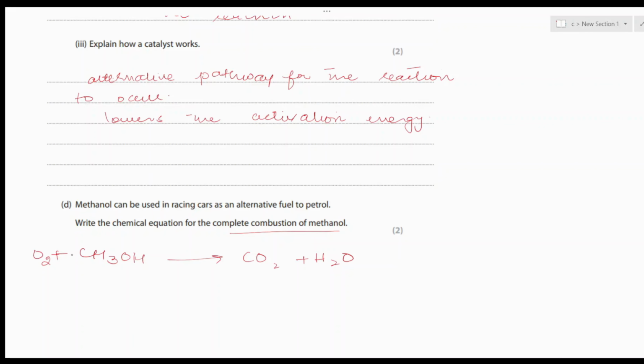Let's put two over here, two over here and two over here. Will it be balanced? No. Okay, four. Now carbon and hydrogen are balanced. What about oxygen? Oxygen is eight on this side. Okay, three in front of oxygen. Now it's balanced.